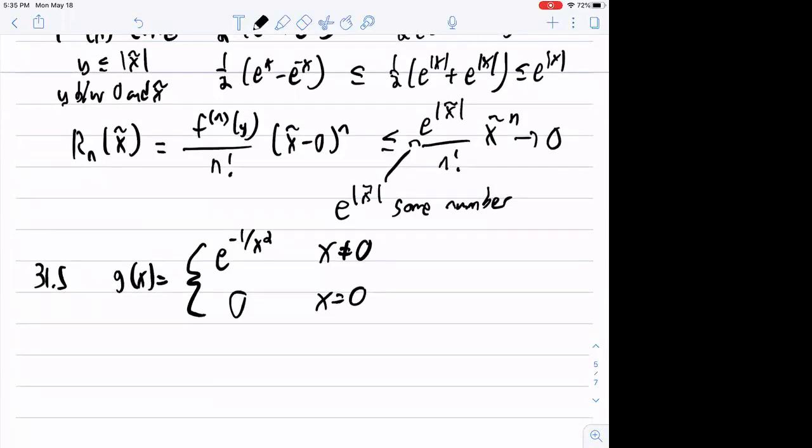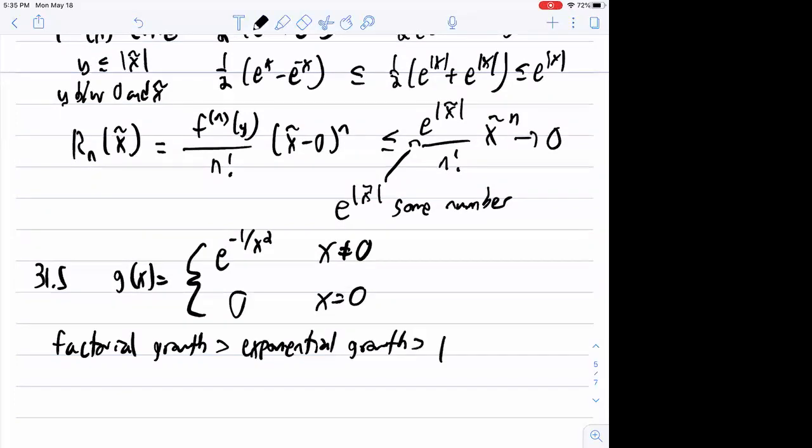So before I continue, hopefully everyone is convinced. So let me just write out the fact that factorial growth is greater than exponential growth, and the level below exponential is polynomial. Yeah, you can sort of see that e to the x over x squared goes to infinity, right?